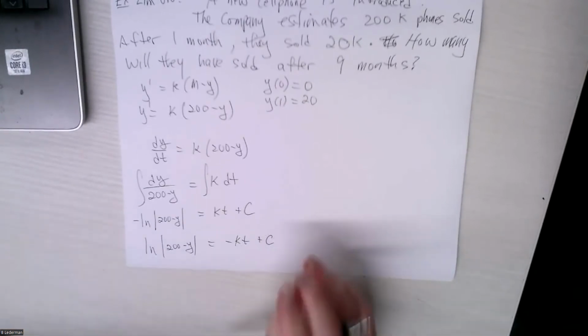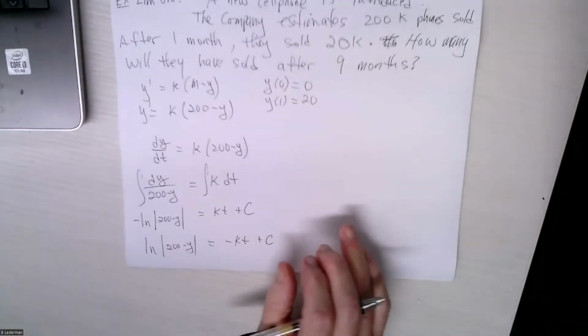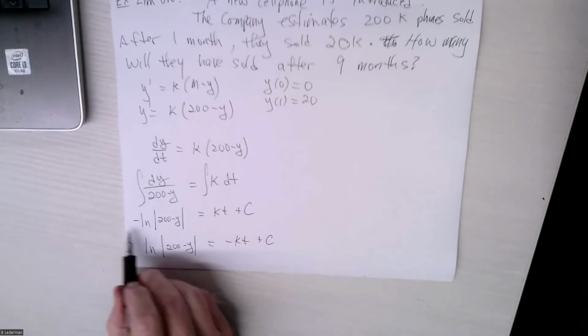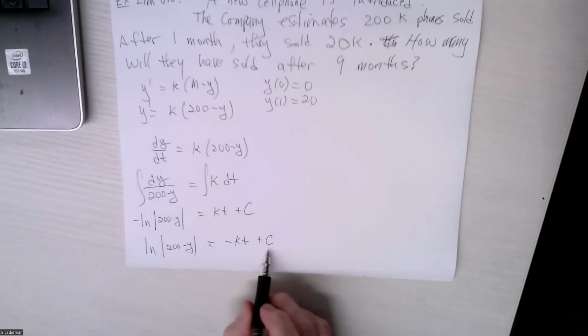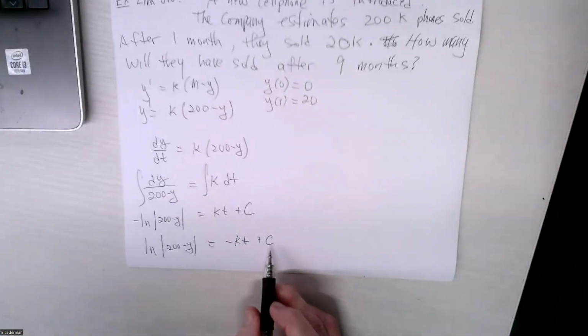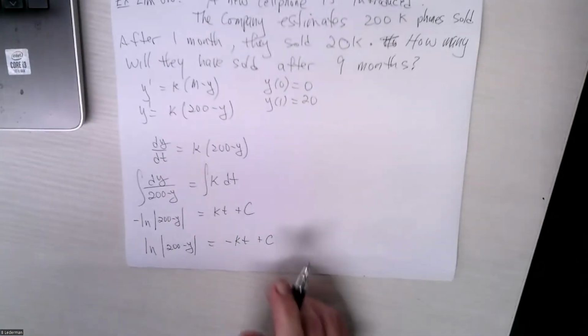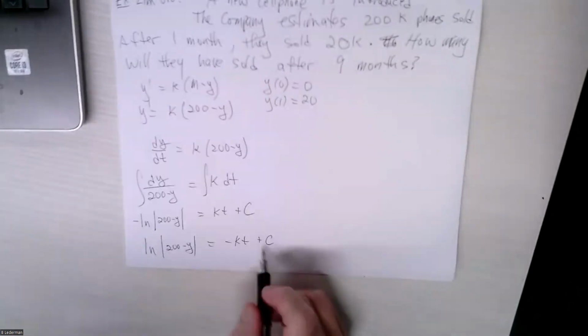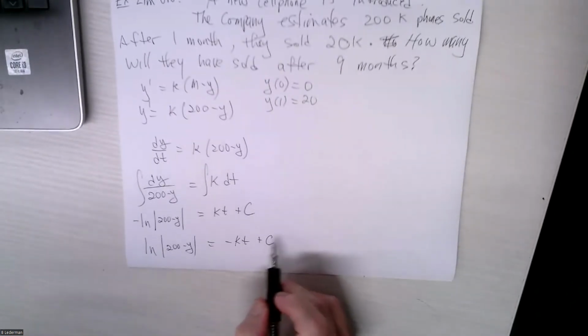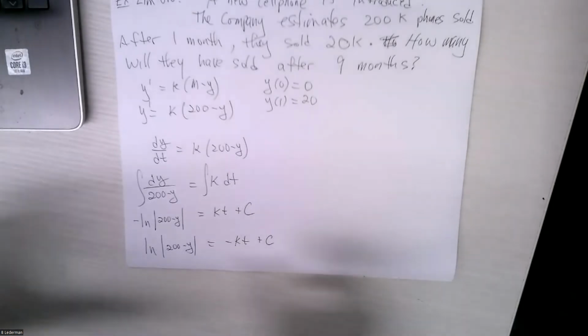I kept it as a plus c even after multiplying by negative, because the negative just gets absorbed into the constant. The constant is some number, positive or negative. We'll figure out the random constant later. We call that being absorbed into the constant.